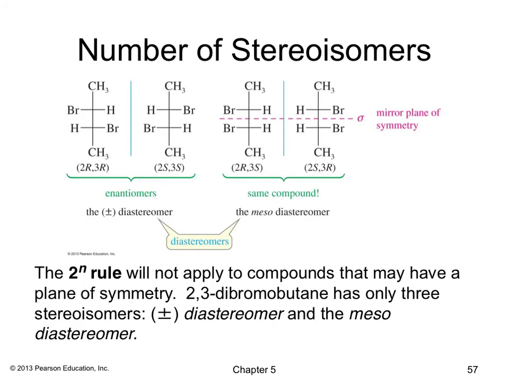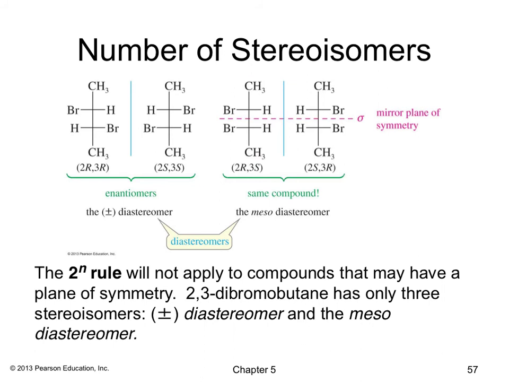So for the number of stereoisomers, two slides ago we talked about the 2 to the n rule to determine the number of stereoisomers. The 2 to the n rule only applies to compounds that don't have a plane of symmetry. So here are molecules. Again, we've seen this before, these are mirror planes. This is an enantiomer.